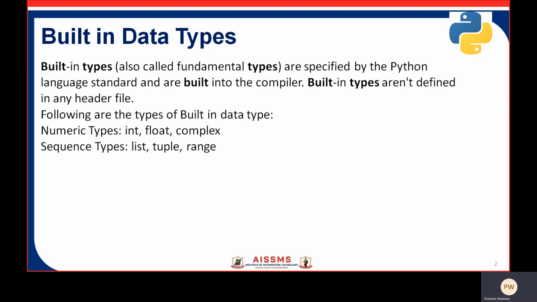The third data type is the mapping type. I have written here the dictionary. This object is an unordered collection of data in key-value pair form. A collection of such pairs is enclosed in curly brackets.